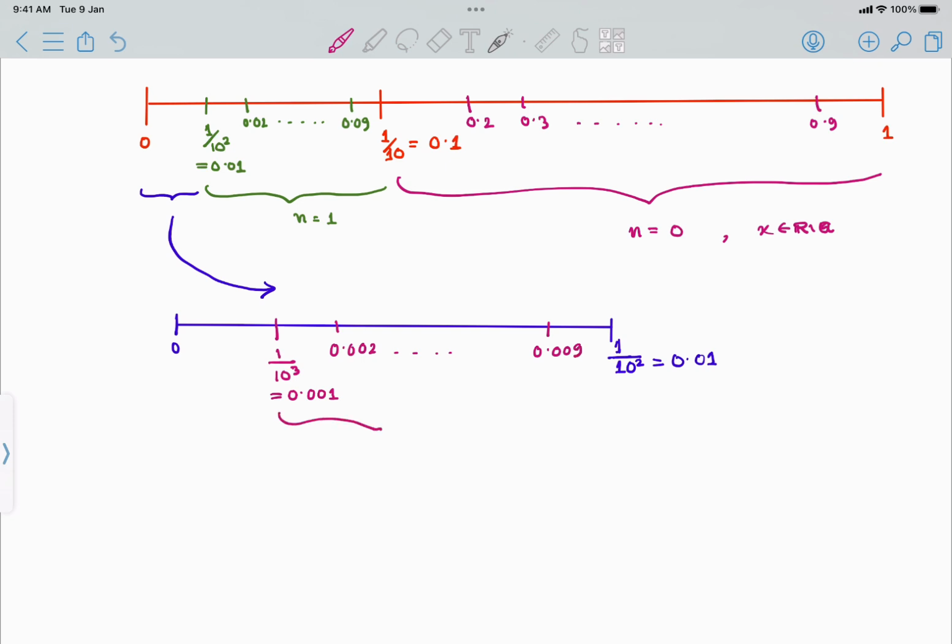So in this part n is 3, like this, and so on. So all the n will come from this part: 0 to 1 by 10 cubed, 1 by 10 to the power 4, and so on.